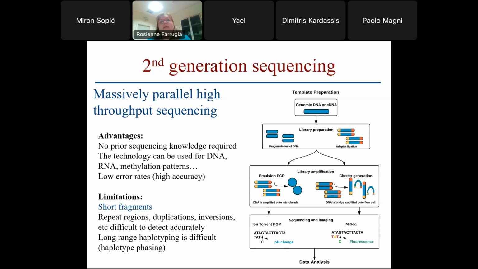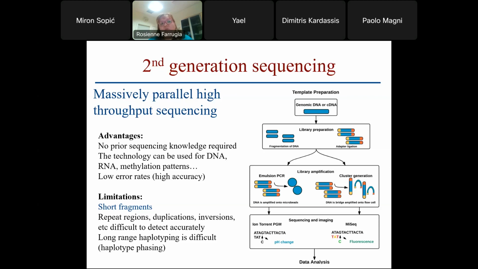The one main limitation of second generation sequencing is that the fragments it generates are extremely short. You get 150 base pairs per sequence. If you're doing paired end, you get 300 base pairs per fragment. This means that the difficult regions of the genome, repeat regions, duplications, inversions, pseudogenes, are extremely difficult to detect accurately.